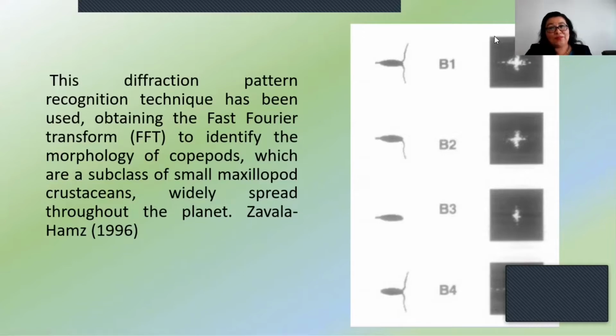This diffraction pattern recognition technique has been used, obtaining the fast Fourier transform, FFT, to identify the morphology of copepods, which are a subclass of small crustaceans widely spread throughout the planet.